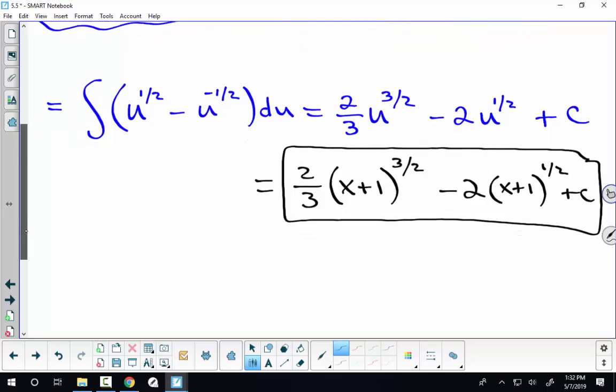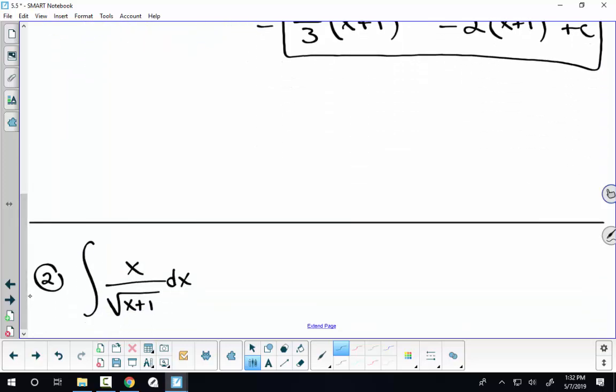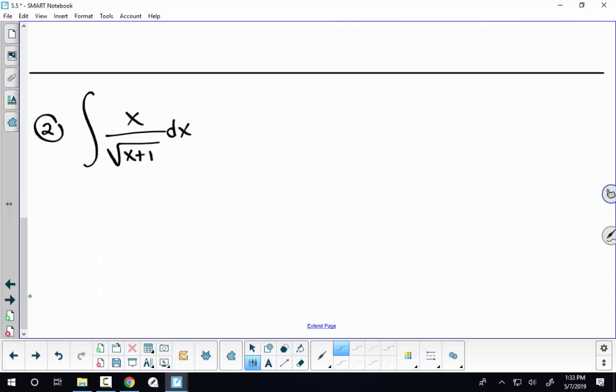Okay, so are there any questions on that? Whenever you're doing a u-substitution, you've just got to basically work it down to things in terms of u that we know how to integrate, either powers of u or functions of u from the table in 4.9. And those are the things we can find the antiderivative of.